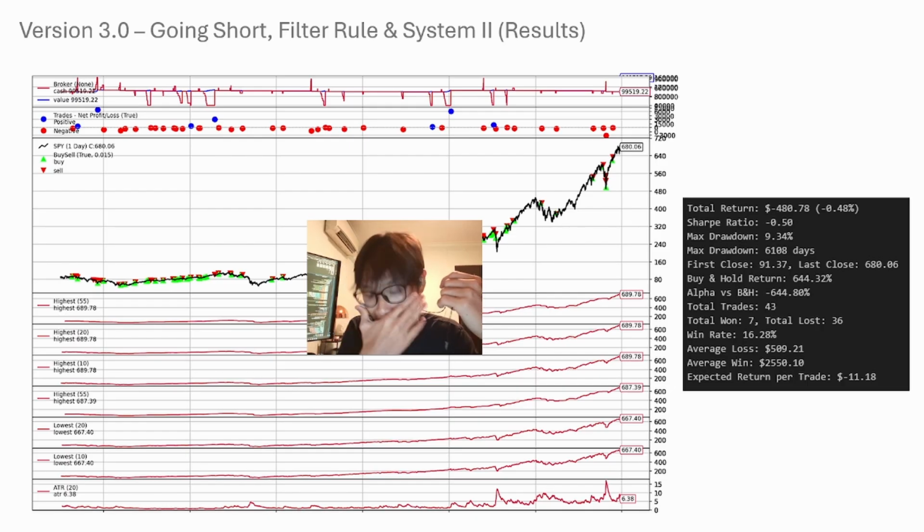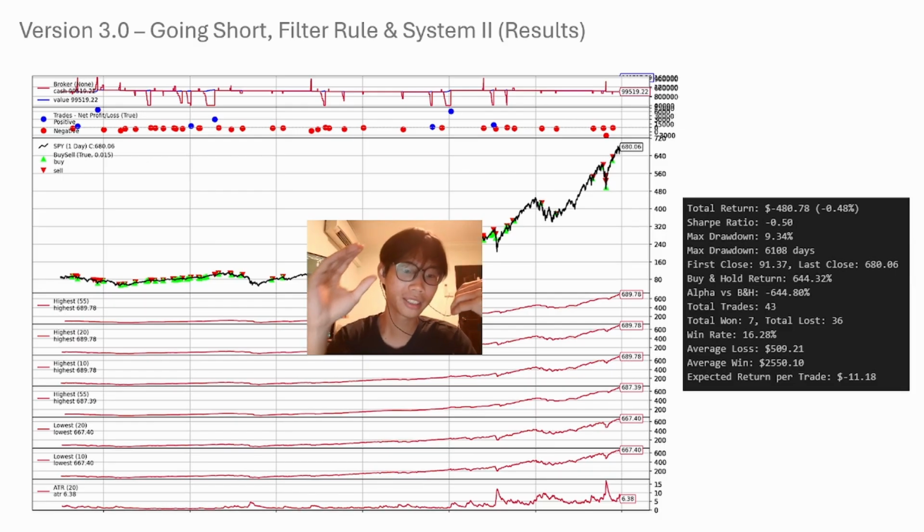But okay, here you start to understand why Richard Dennis implemented some of these rules, right? Filter rule, system 2 rules. It's because there's so many false breakouts, and I'll touch on this more later on. But pretty much the filter rule was there to stop having false breakouts and to minimize the number of losses, right?